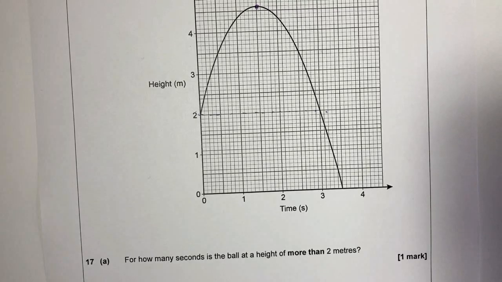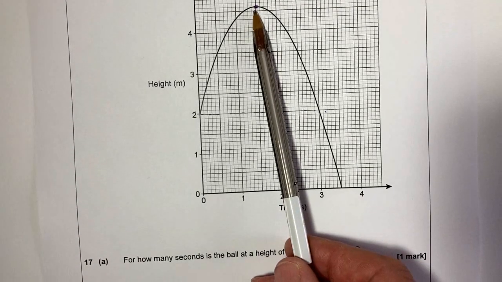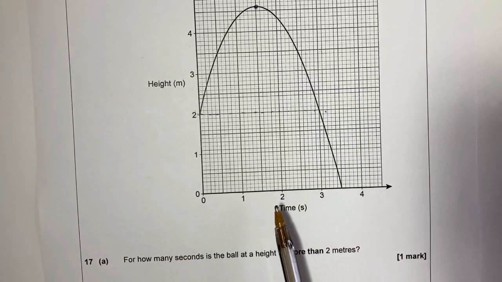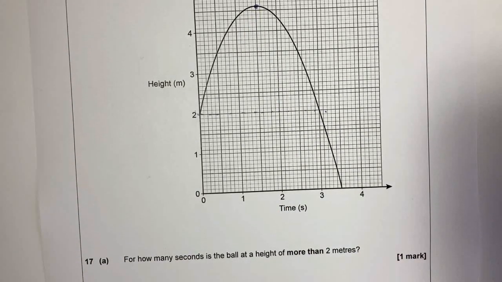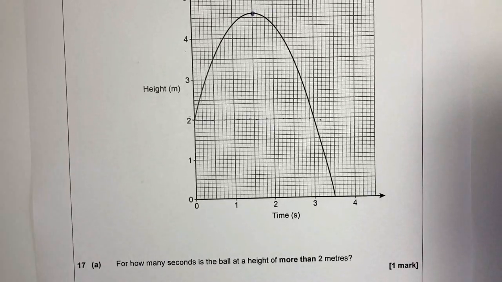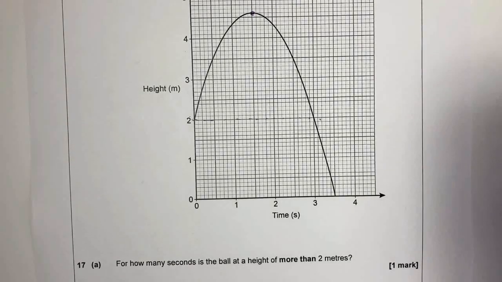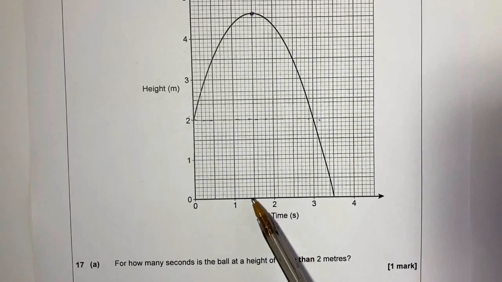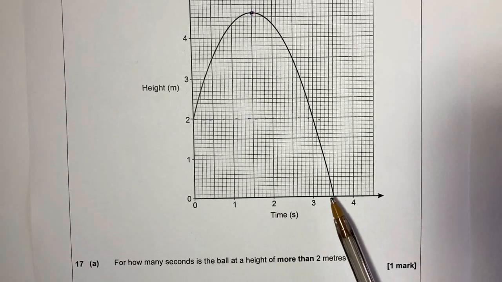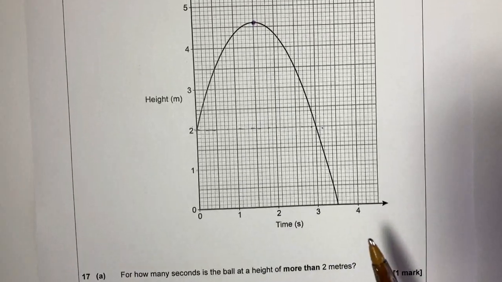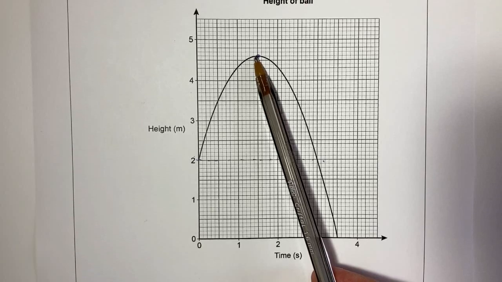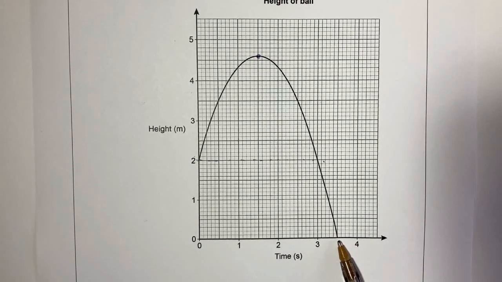It's going to be a distance from this point, which is 4.6 meters above the ground, through to 0. But you've got to remember that this particular one is over a 2-second period, because we're going to go from 1.5 seconds through to 3.5 seconds. So at 1.5 seconds it's at its very height, and then after 3.5 seconds it lands back down on the floor.